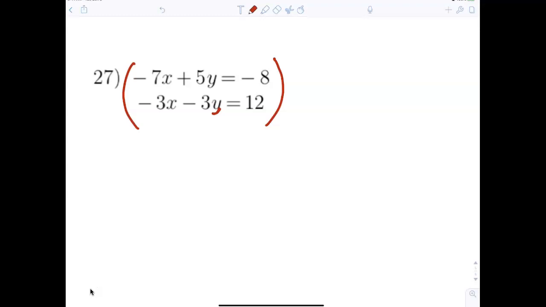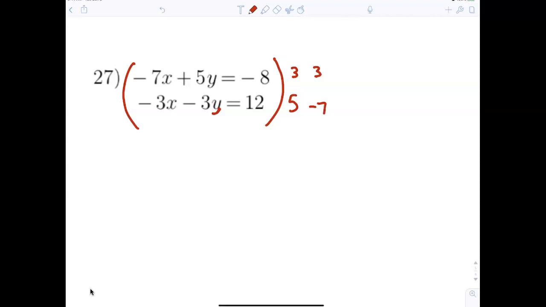I could multiply the top by 3 and the bottom by 5. And then what would that do? That's exactly right. The y's will cancel. I also could multiply the top by 3 and the bottom by -7.